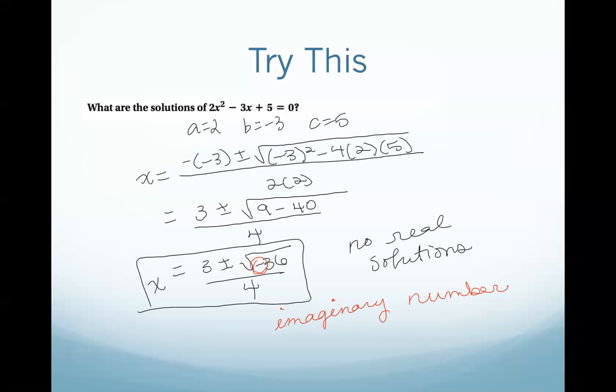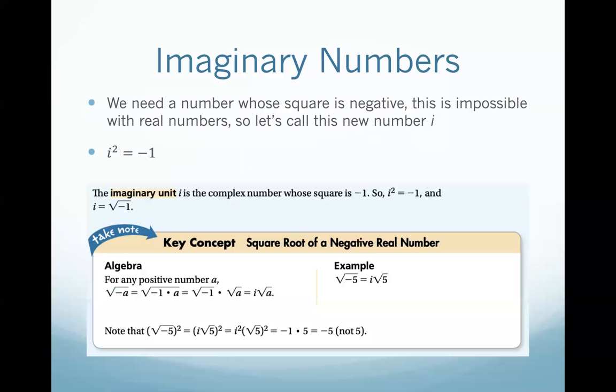So what is an imaginary number? Imaginary numbers are when we need a number whose square is negative. No matter what real number I pick, when I square it, it will be positive. So an imaginary number is a number that was discovered so that when we square it, it's negative.